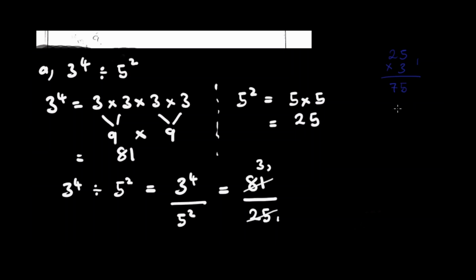What then is our remainder? 81 subtracting 75, add 10 here, then 11 minus 5, we are going to get 6. Kureva kuti its remainder 6.